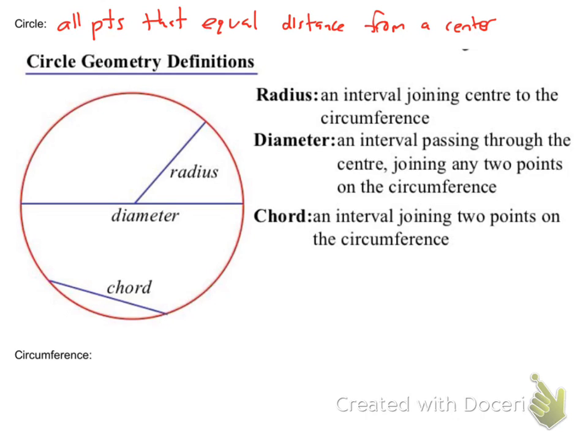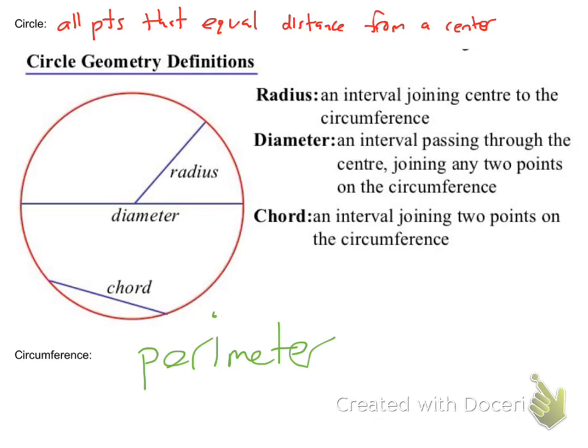So yes, the diameter is a chord, but a chord usually is if I'm cutting part of the circle off, or cutting sides. Okay? And circumference on the bottom there. Circumference is the perimeter. Distance around.